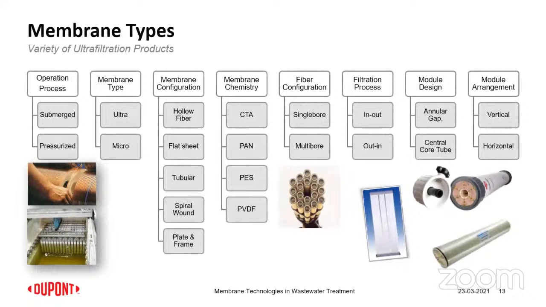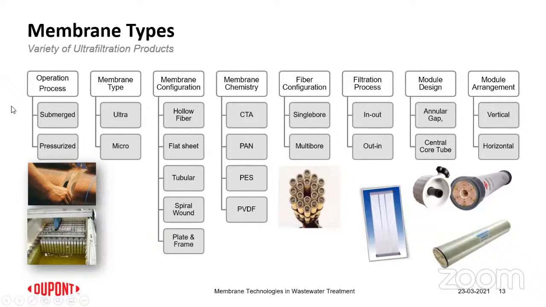So now there are many technologies available. You might need to know which type one must use. So the first type of membrane that is being used for filtration is an ultrafiltration membrane. And again, in this, there are so many types based on how they're operated.